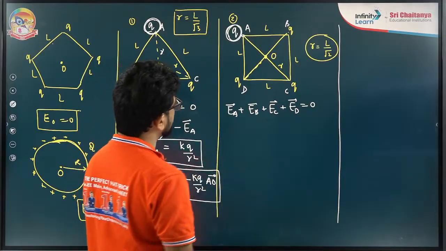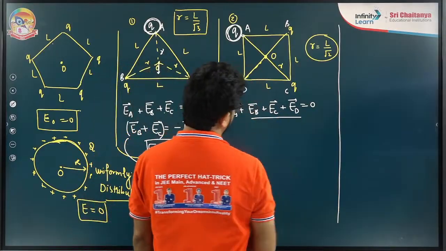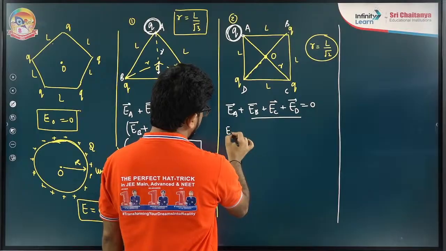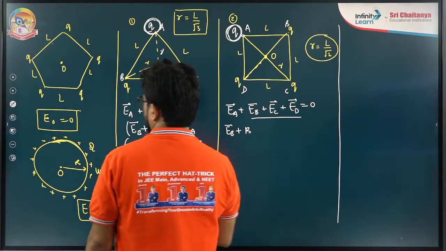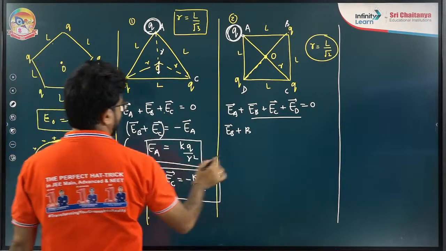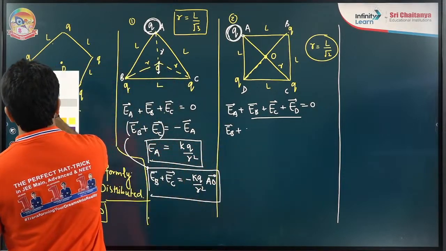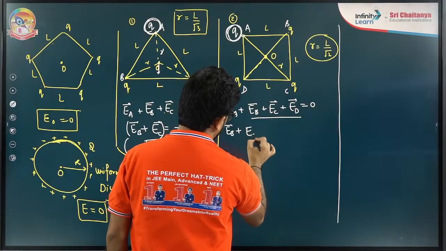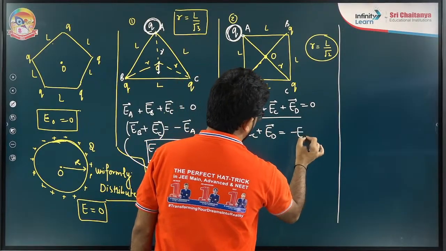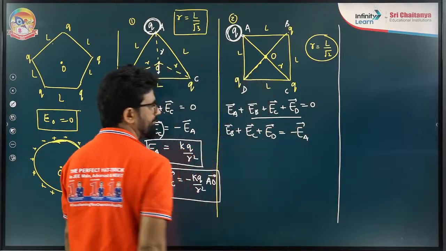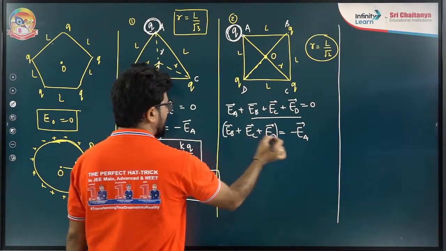If it is equal to 0, but we want to calculate due to these 3. So what you can say? This is field due to B plus field due to C plus field due to D is equal to minus of field due to A. So this thing you have to calculate.